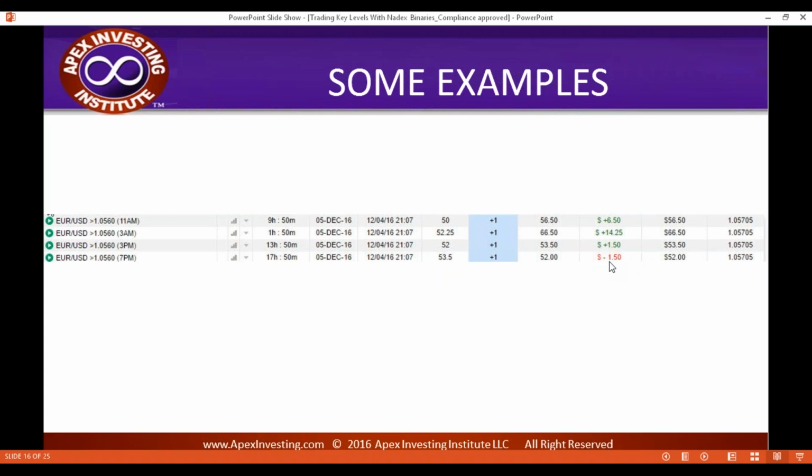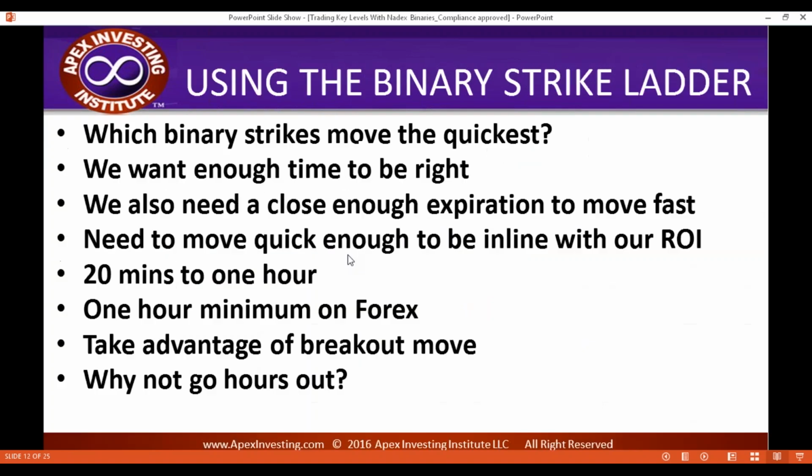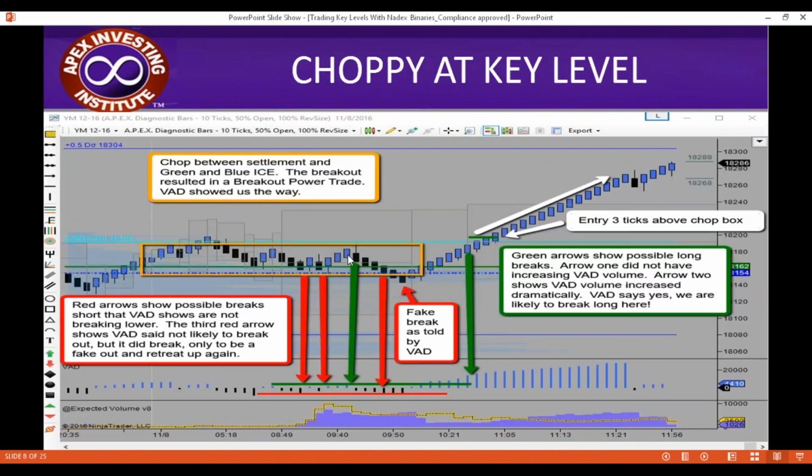Okay? And also when you go so far out, let's just go back here. Okay, I don't want only 15 minutes, right? Why? Because the market can pull back. So I want a little longer. But do I want hours and hours? Because what can happen? Remember, 10 hours, 1 hour. The market could come way back down, right?